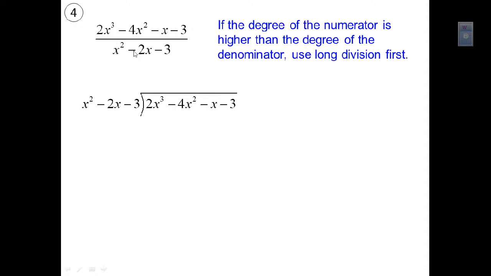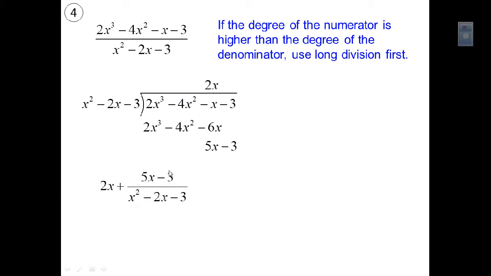Because remember, all this fraction is a division problem. So when we do this, we're going to end up with 2x and then a fractional remainder. So we end up with 2x plus (5x-3) over (x squared minus 2x minus 3).